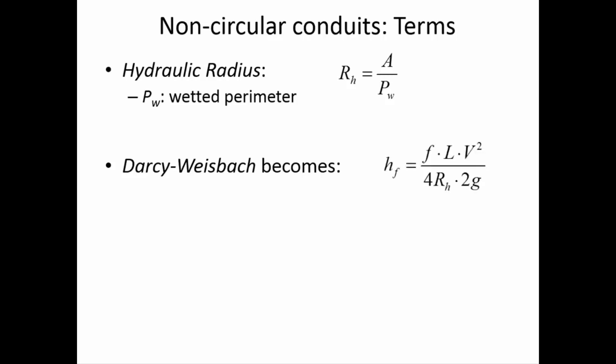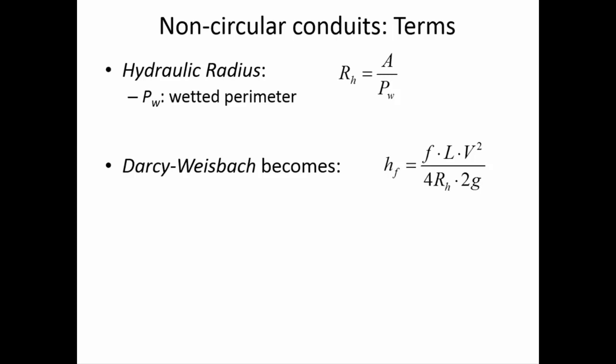The Darcy-Weisbach equation: if we're trying to solve for the head loss using Darcy-Weisbach but there's no D, you can see down here we had D2G. The substitution that we're making in place of the diameter is just 4 times the hydraulic radius. And that's the same substitution that we'll make everywhere else that there is a D parameter.